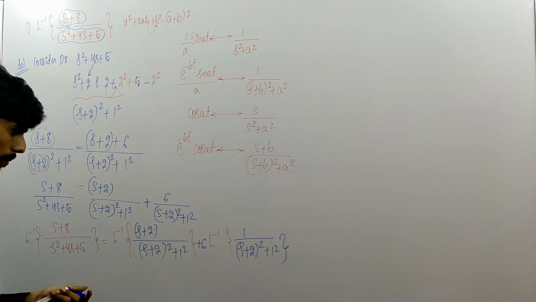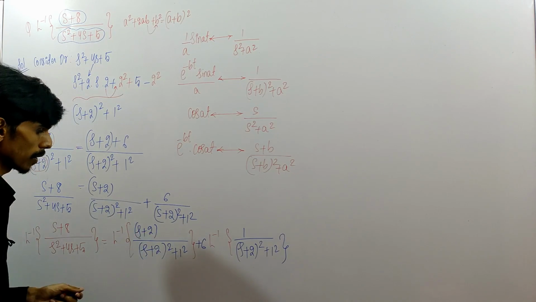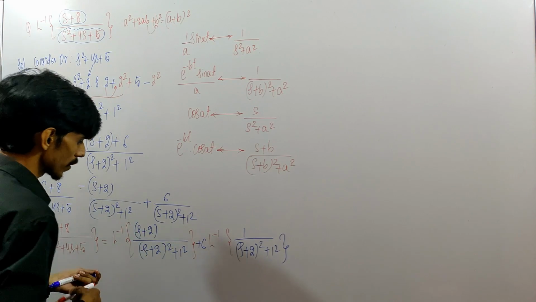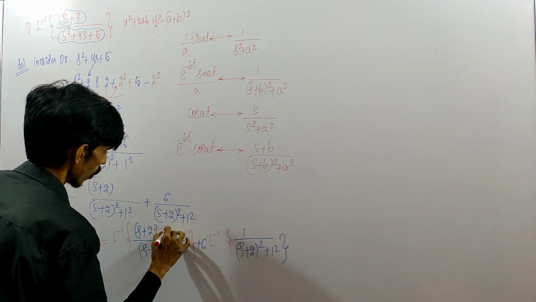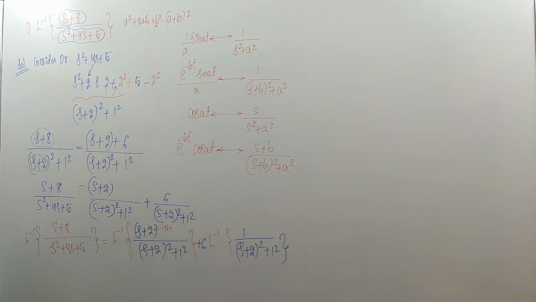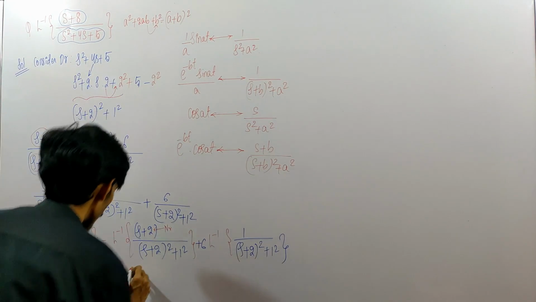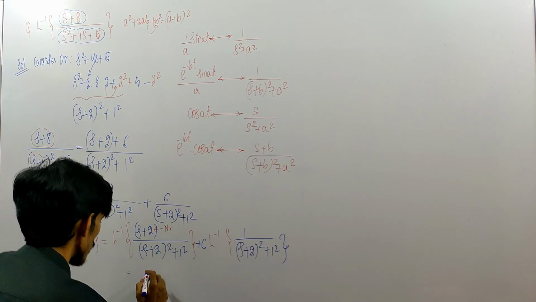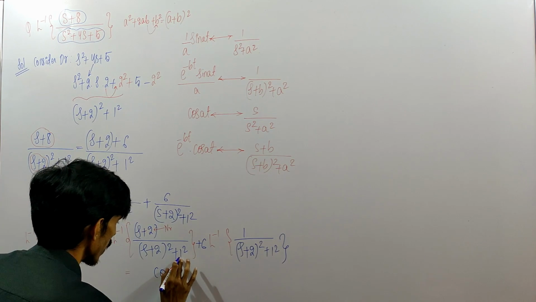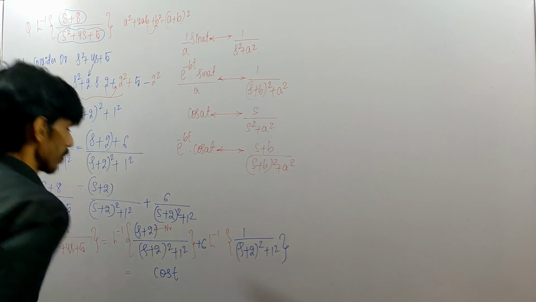So here we have s plus 2, s plus 2. In the numerator we have an s term, so this will transform to cos, here cos 1t.